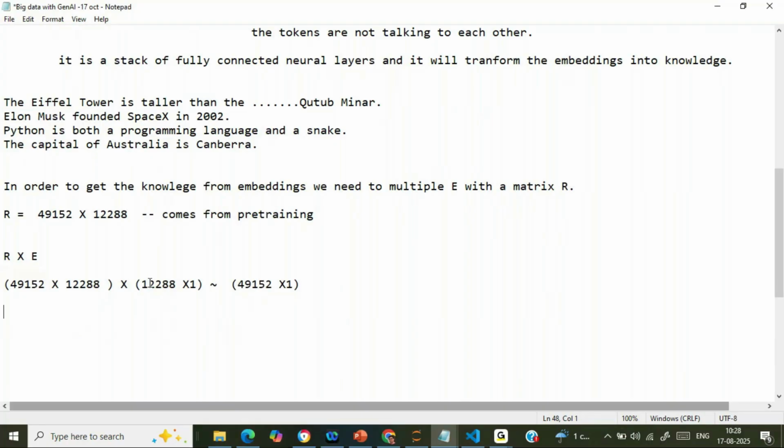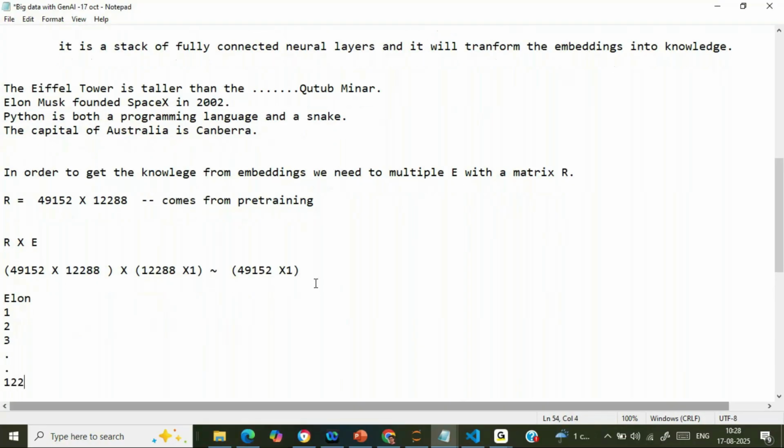You can think of it in this particular way. Previously, say Ln is a token, and for Ln I was having 1, 2, 3, up to 12288. These were the values initially.